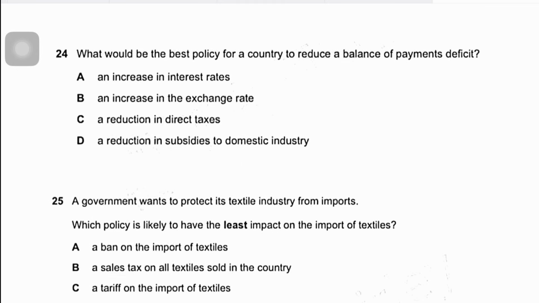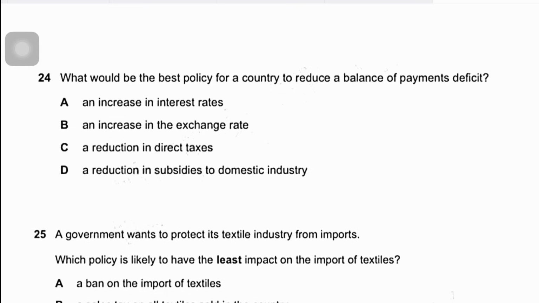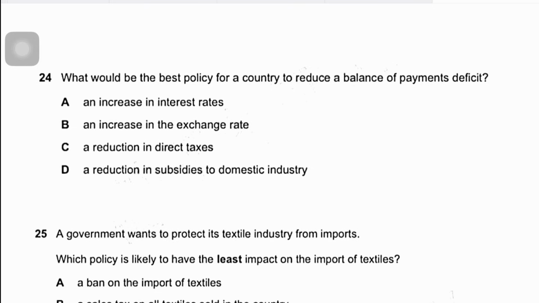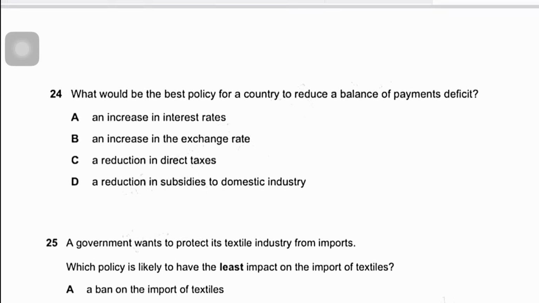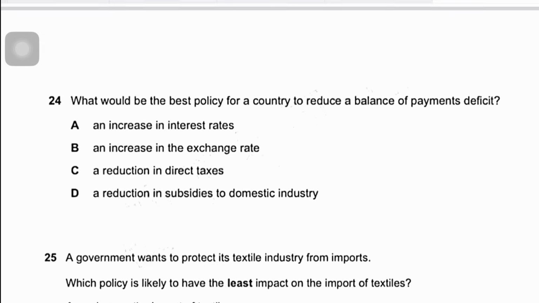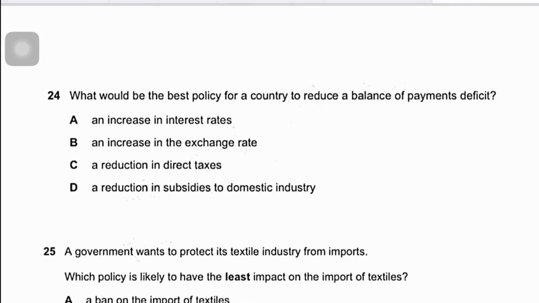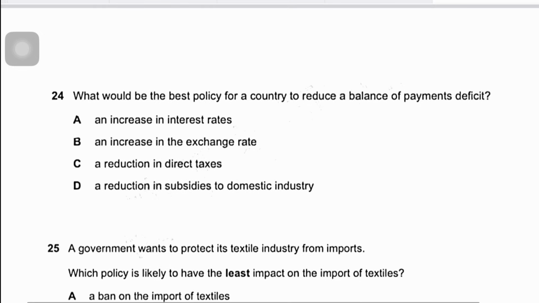And so it follows that A should be the correct answer, because higher interest rates can attract hot money inflows, that is, foreign financial capital, improving the financial account position of the BOP. And if the financial account position of the BOP improves, it would reduce the BOP deficit. Right, guys? So that makes A the correct answer.